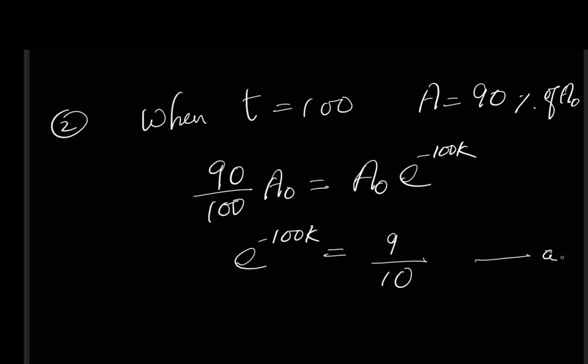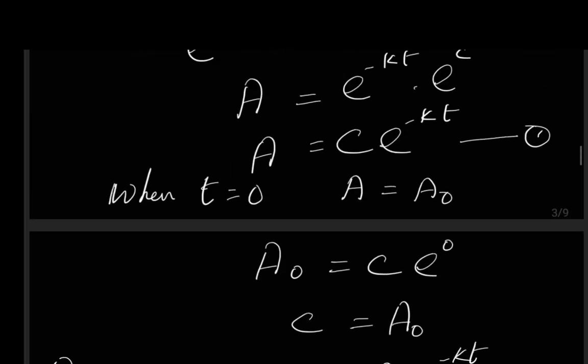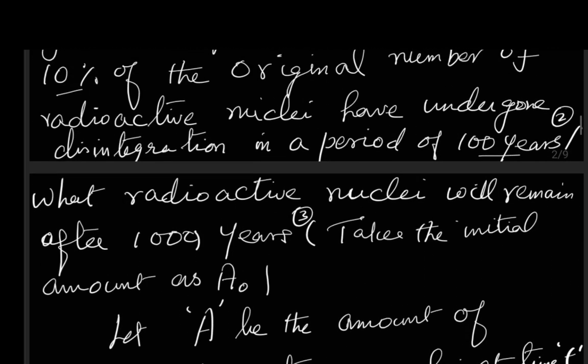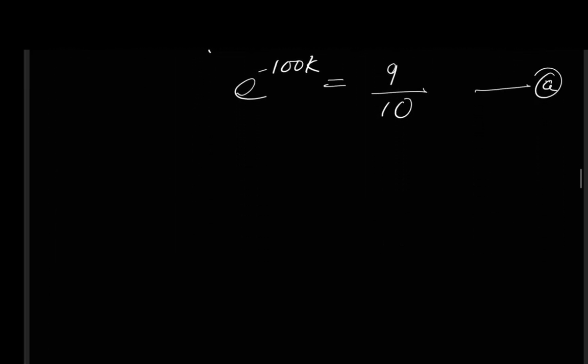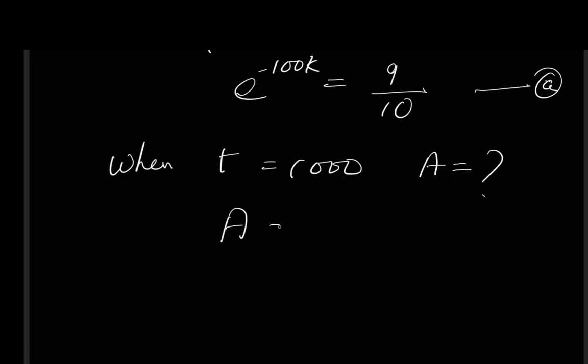So this is the second part equation. Now come to the question. After 1000 years, what would be the radioactive nuclei that exist? What would be A when t is equal to 1000? Again write the equation: A is equal to A0 e power minus Kt.